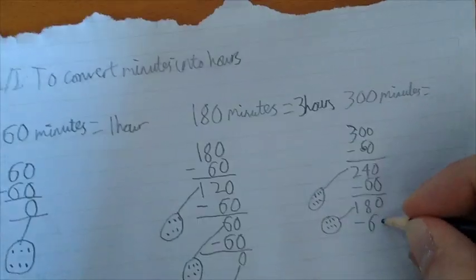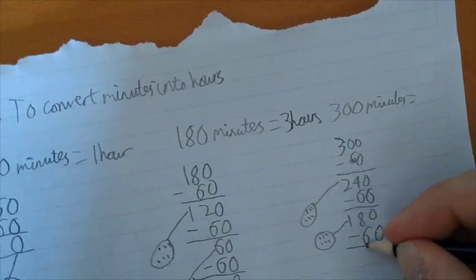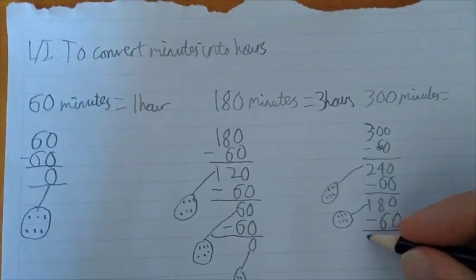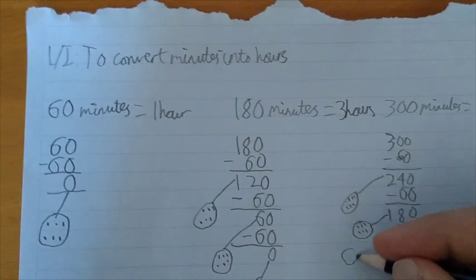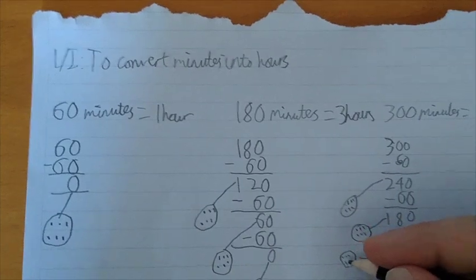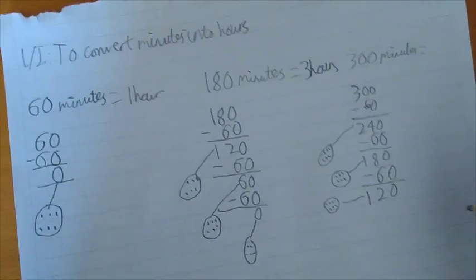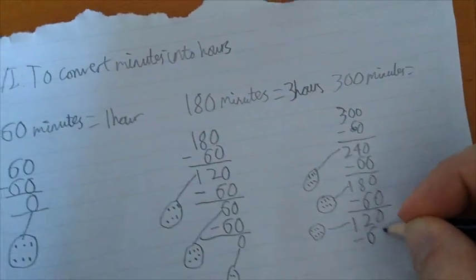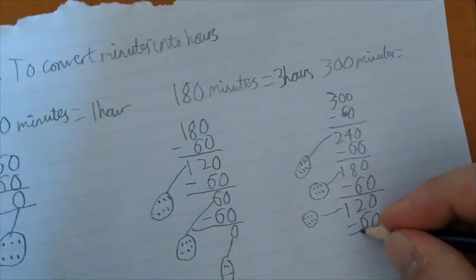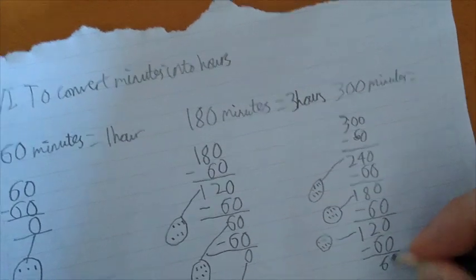Minus 60 from 180 is 120. So that gives us another bubble. We have 3 hours so far, but we're still not down to 0 minutes yet. So let's minus 60 again and see where that takes us.